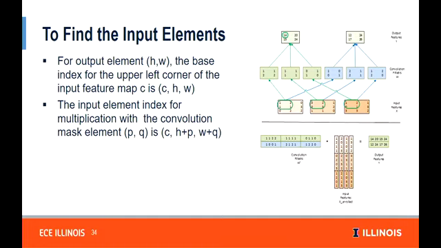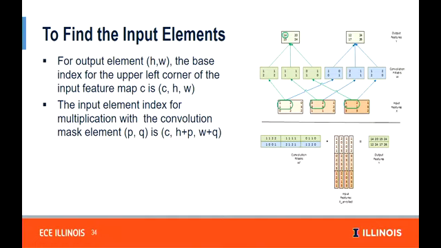So, where are we? Okay, for each output element, the base index for the upper left corner of the input feature map, as I mentioned, is just the H and W, and then you use the channel. When I need to assemble any of these private sections for an output feature map element, I ask which channel am I looking at?